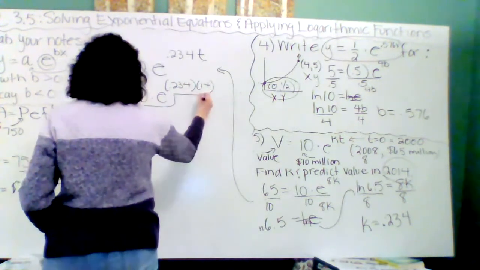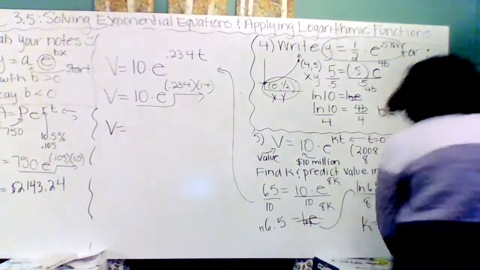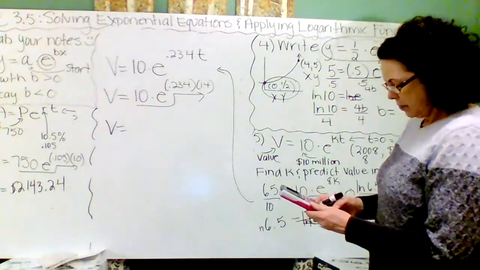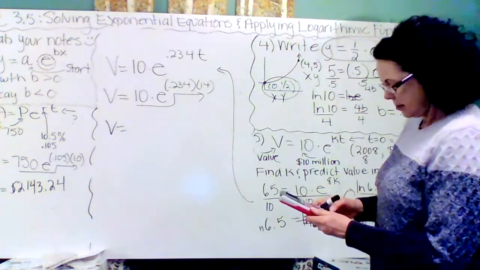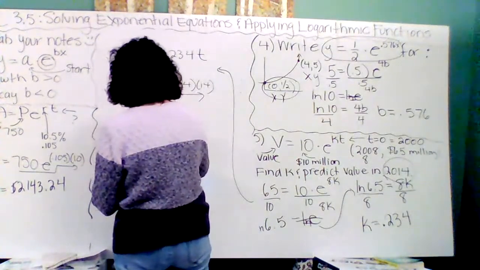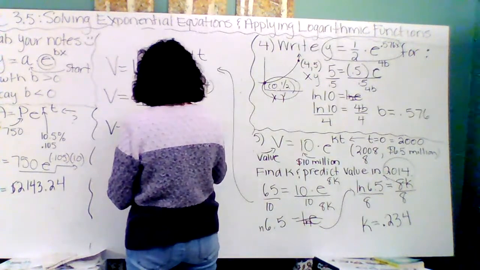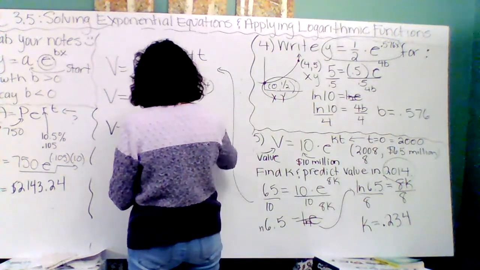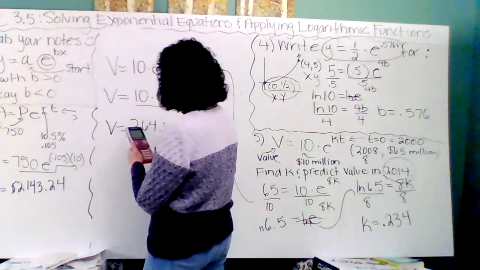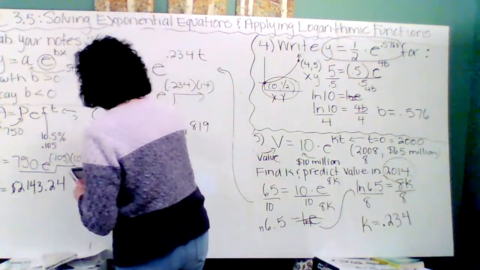Again, notice I am not solving for a variable in the exponent. I can just put this in the calculator. 10e to the 0.234 times 14. That painting is worth, trying to read my calculator right, about $819 million.